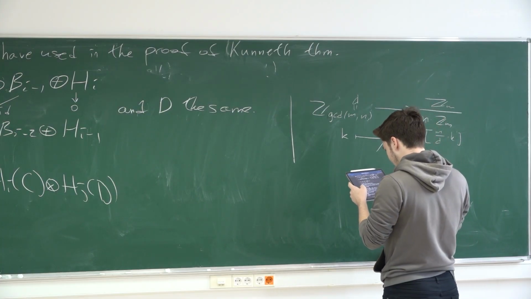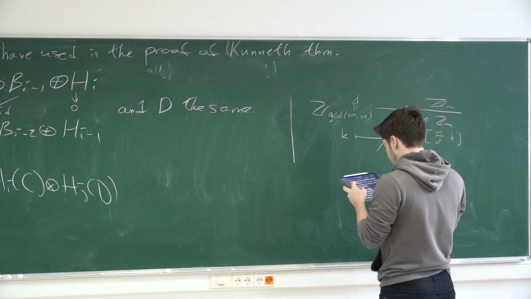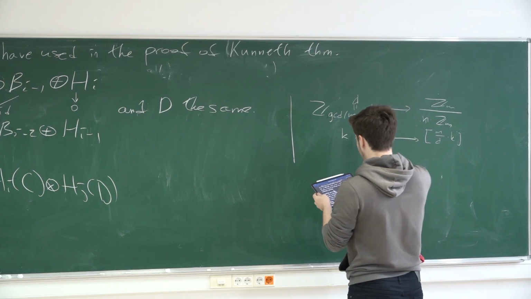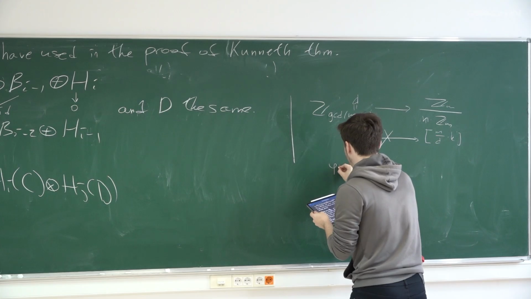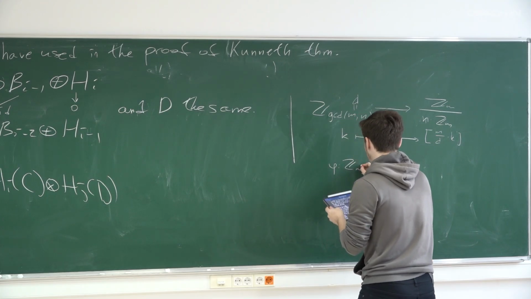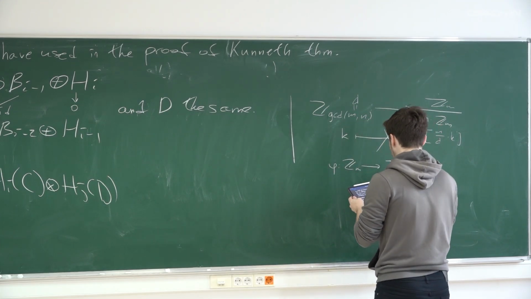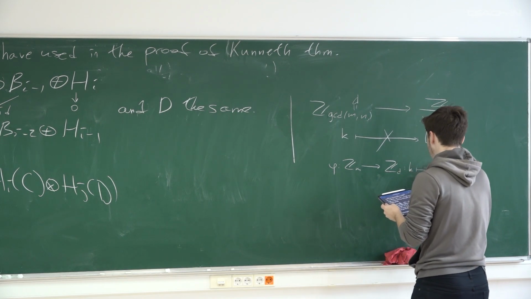So when I proved this formula, I used this map phi from Z_m to Z_d, which maps k to k.